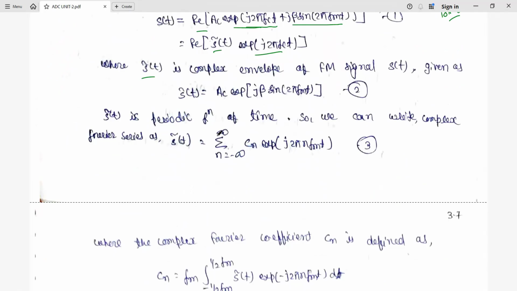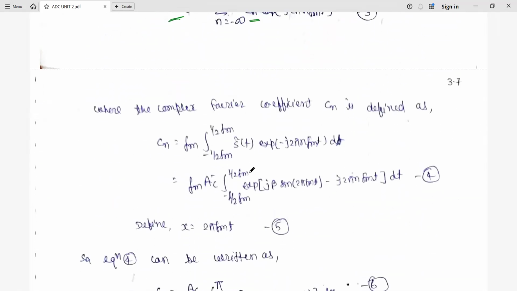Now we have seen that it can be a periodic function of time, so we can write it in the form of a complex Fourier series. This is the summation over n equal to minus infinity to plus infinity of Cn exponential j 2 pi fn t. Now we are going to see what the Cn value is in this case.